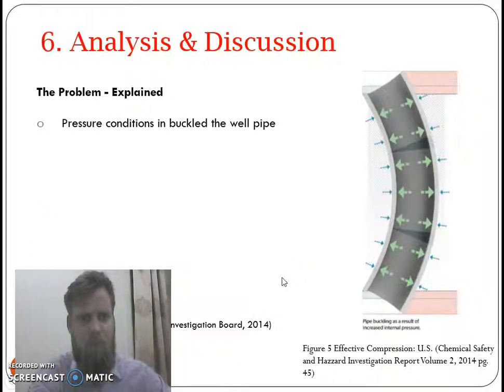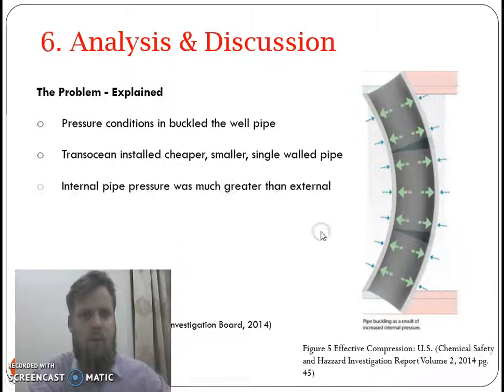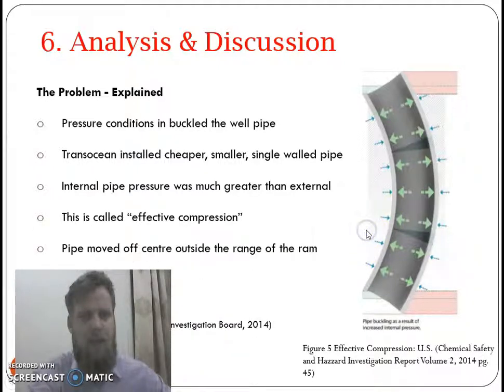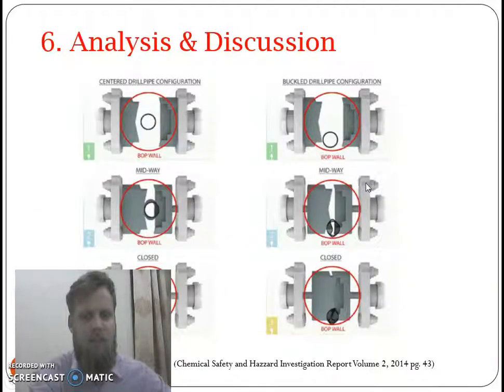So the big reason the ram type one didn't work was what happened to the riser pipe. So the riser pipe essentially was not specified correctly. It was too thin and bent under the pressure. And when that pipe bent, it's called effective compression, it moved away from where it should have been and outside of the range of that BOP ram that acts like a shear to cut it in half.